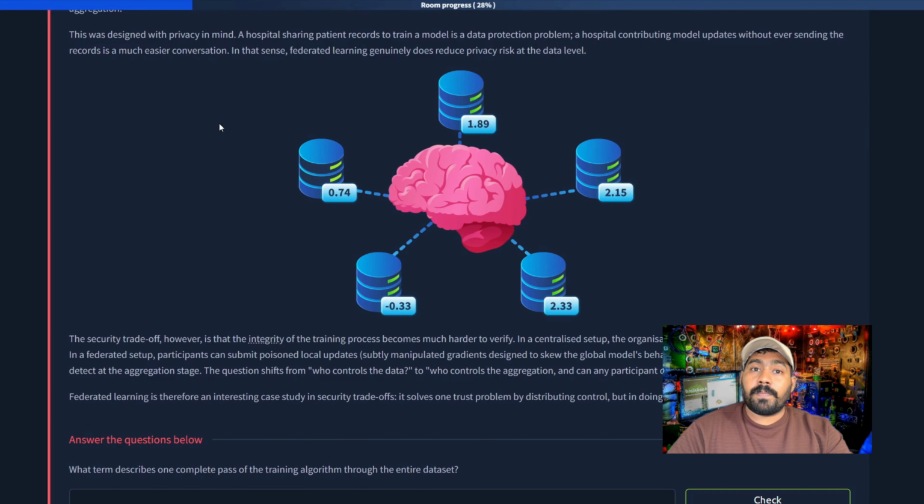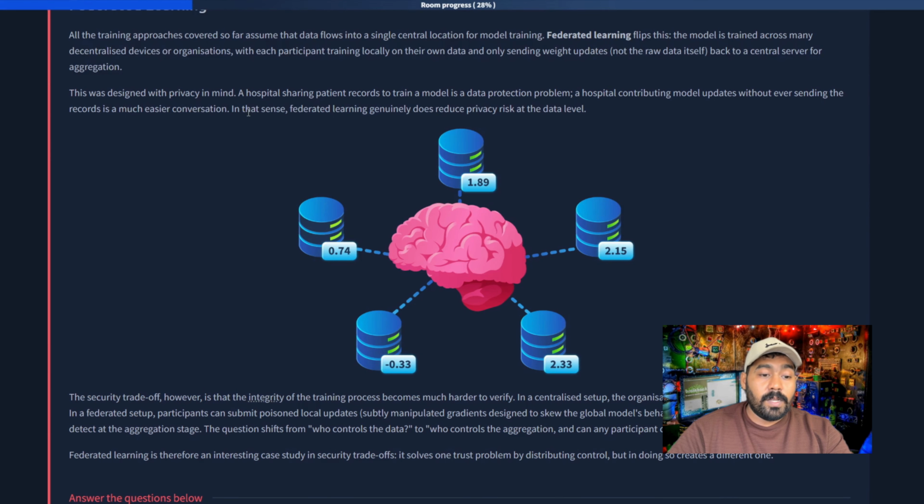But the security trade-off. Let's look into this one. The integrity of the training process becomes much harder to verify than in a centralized setup, where the organization that trains the model controls the data. In a federated setup, participants can submit poisoned local updates, subtly manipulated gradients designed to skew the global model's behavior.